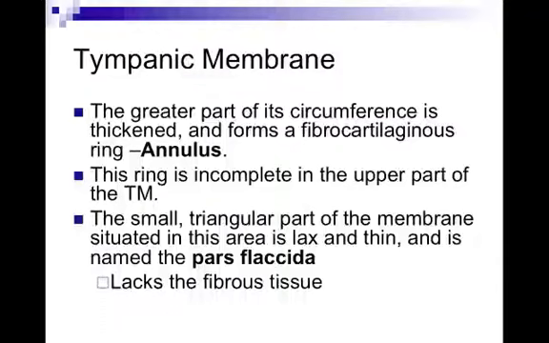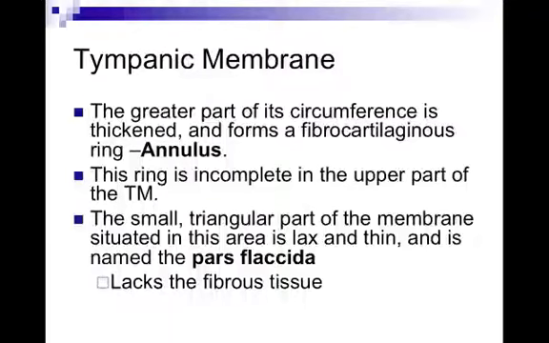For the most part, the circumference of the tympanic membrane is held in place by a fibrocartilaginous ring we call the annulus. This ring is not complete. The top part of the tympanic membrane does not have this ring, and it's in this top part that we have what we call the pars flaccida. It's flaccid and thin because it lacks the middle fibrous layer.